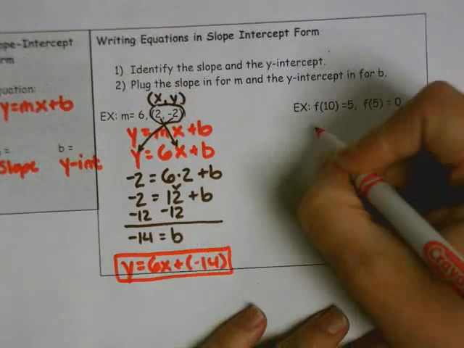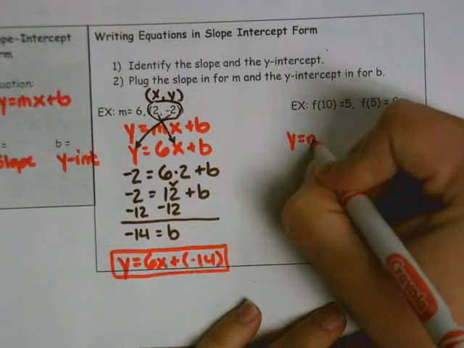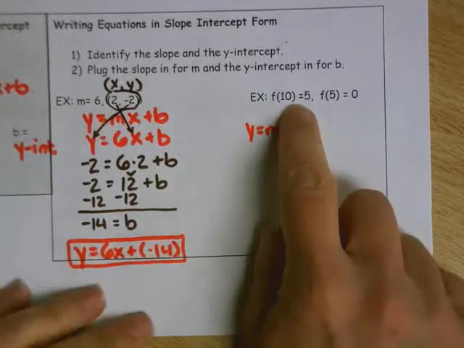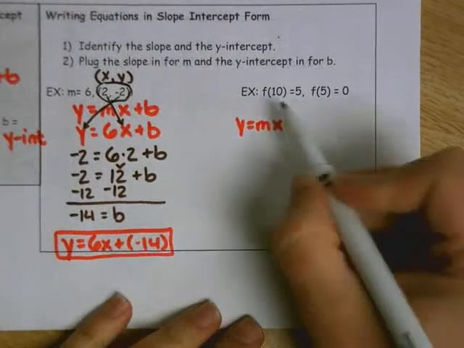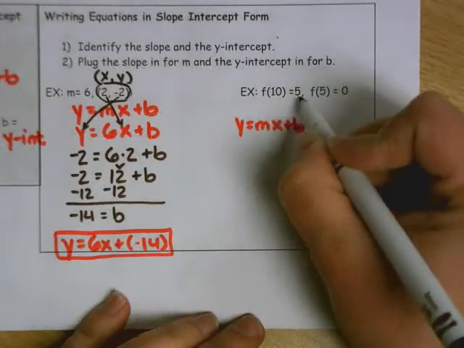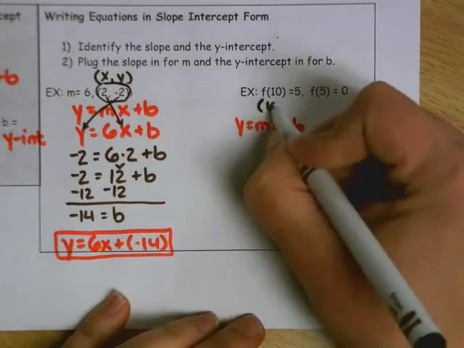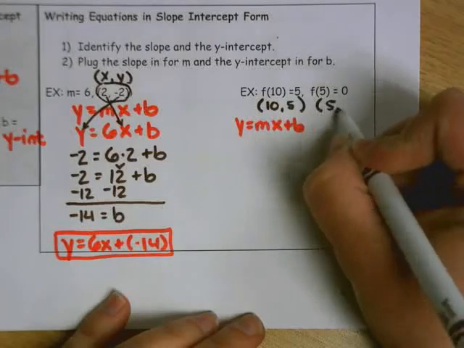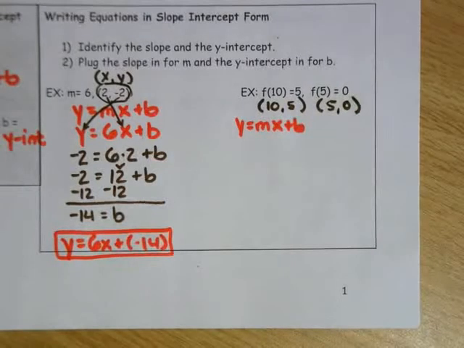Let's try this one. We want y equals mx plus b. Now, these over here really just stand for ordered pairs, don't they? 10 is your input. f of 10 equals 5. There's your input, and 5 is your output. This really just stands for 10, 5. And this really stands for an input of 5 gives you an output of 0.